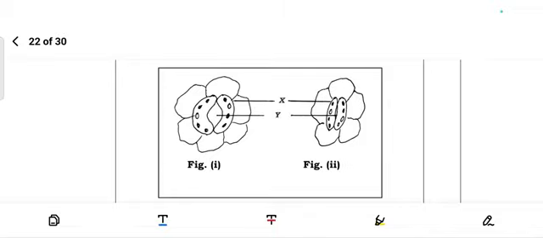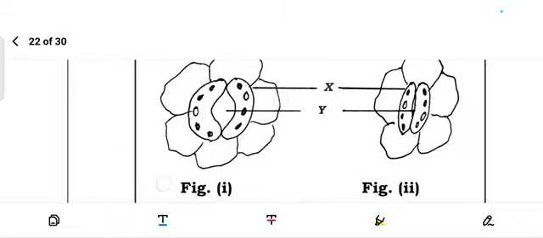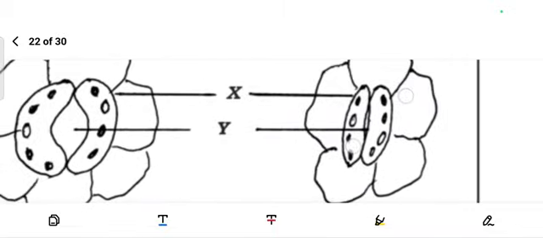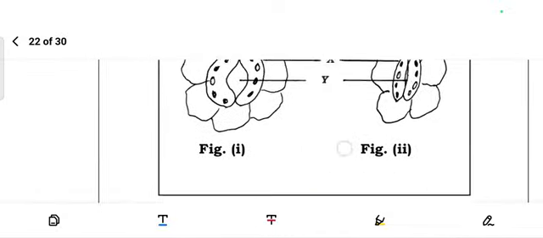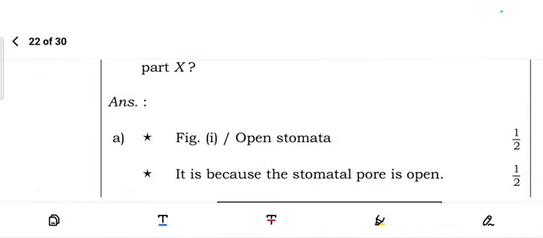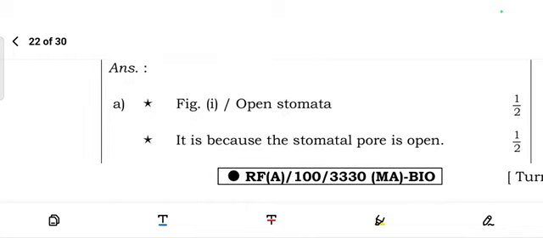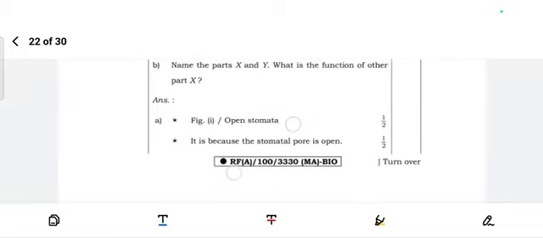The first one is open stomata, this is closed stomata. When stomata is open, then there will be more exchange of gases. So answer for the first question is figure 1, open stomata, because the stomatal pore is open.